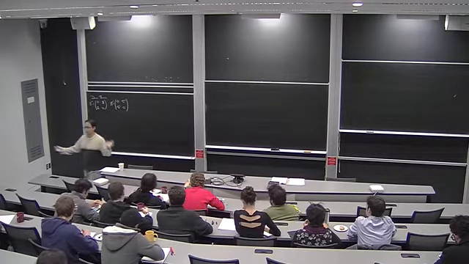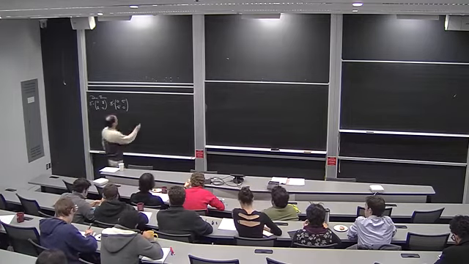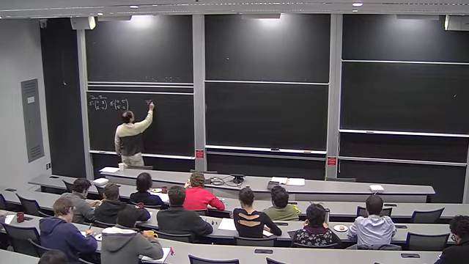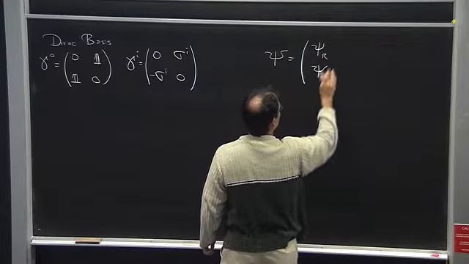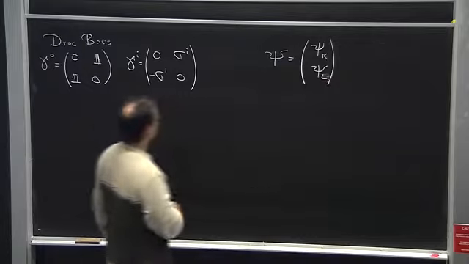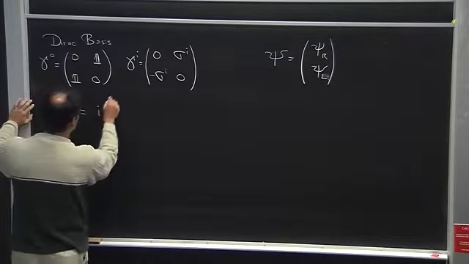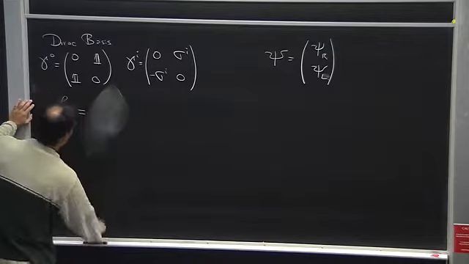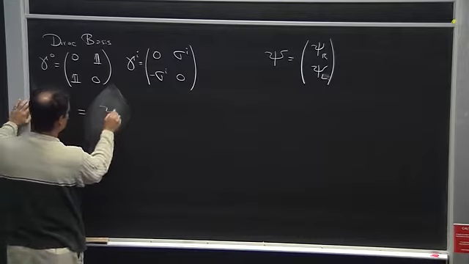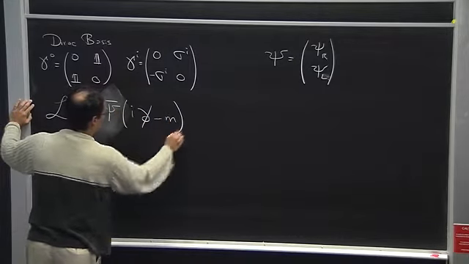We then decided to put them together into a single object, which is called the Dirac spinor. It gave us a theory that has what looks to be a parameter that looks like a mass term.